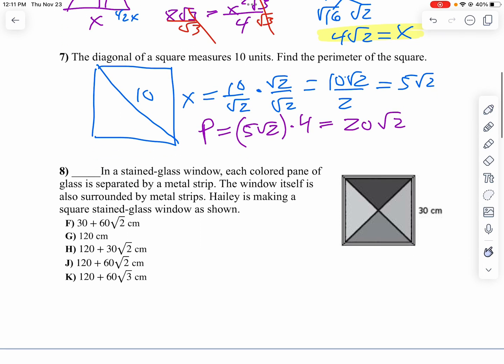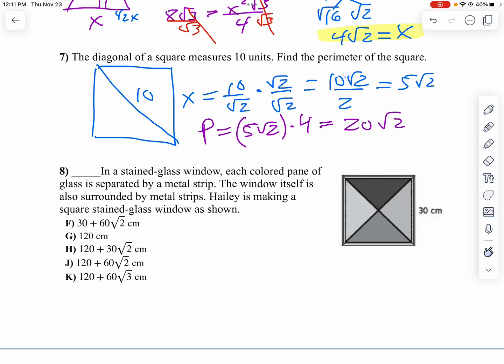Let's take a look at number 8. We've got a stained glass window. Notice it's multiple choice. I don't want decimals here. And each colored pane is separated by a metal strip. The window itself is surrounded by metal strips.